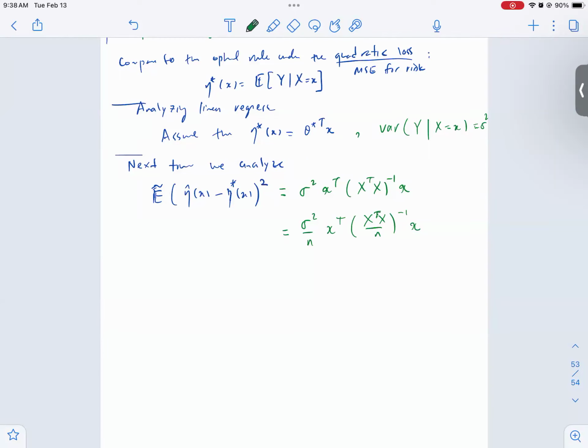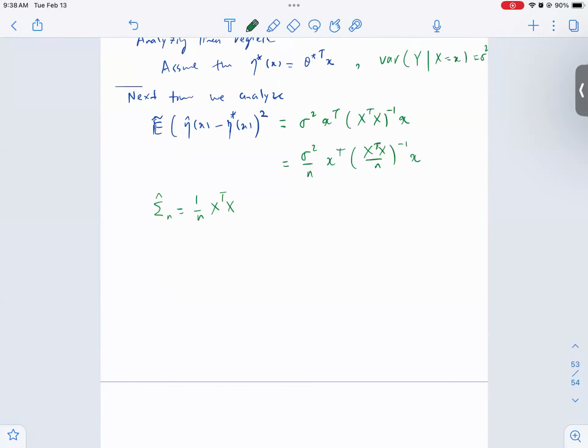And I call this quantity sigma hat n. The interpretation was that this can be written as 1 over n summation i from 1 to n x_i x_i transpose, where we called X the matrix with rows x1 transpose up to xn transpose.